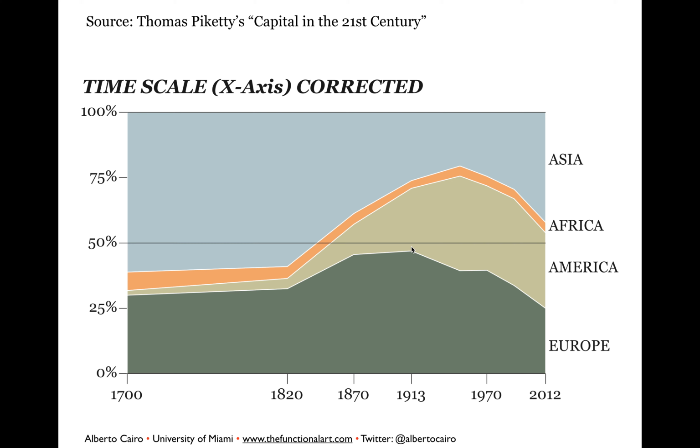This is a very common problem in stacked graphics. This is a stacked area chart. It only works if the goal is to compare this to the rest. If this is the primary element and these are secondary elements, then this kind of graphic works.